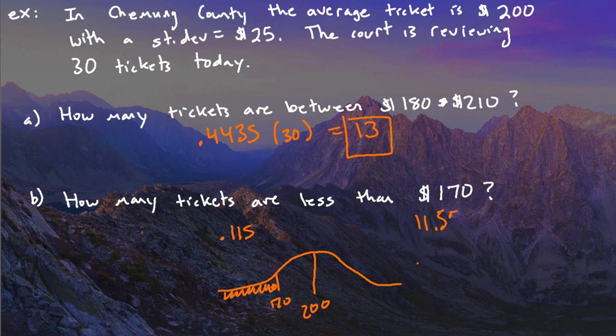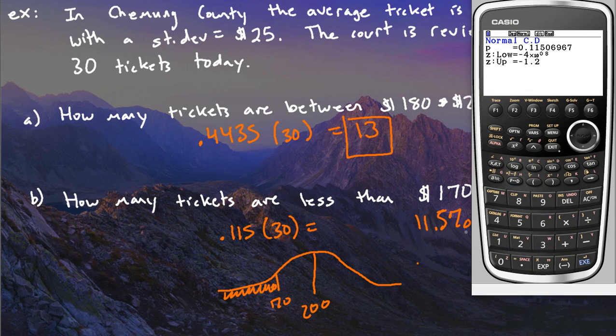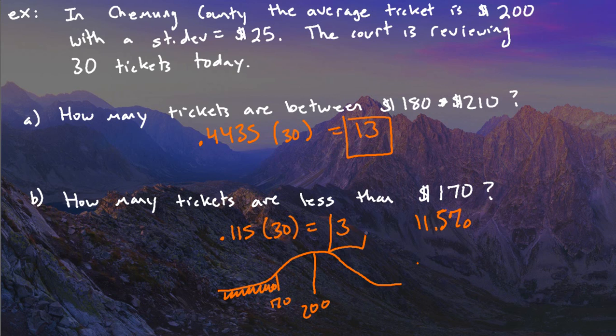Now the 11.5% chance, that's not our actual answer. I'm going to take this and multiply it by 30, and that will give me the actual number of tickets that are less than $170. And we get 3.5, pretty close, but basically 3 tickets fall into that category.